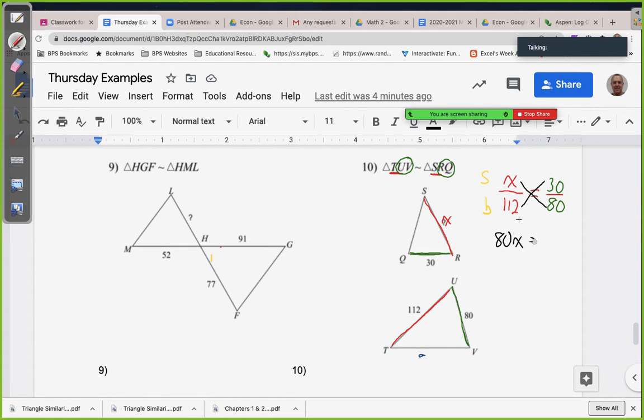And 30 times 112 should be 3,360. And now I'm going to divide both sides by 80. And x should be 42.